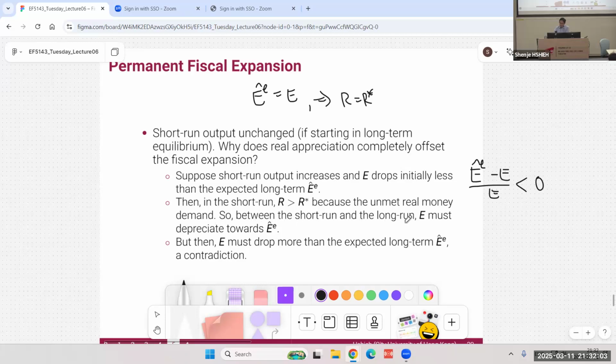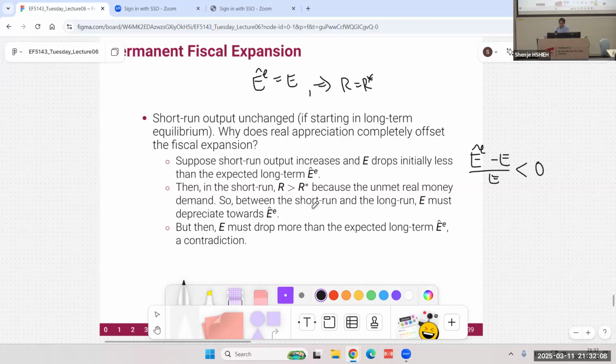So between the short run and long run, E must depreciate towards E. Okay, if this is true, then R equals R star plus E hat E minus E over E. Which means that this is a negative number, and R is going to be greater than R star.